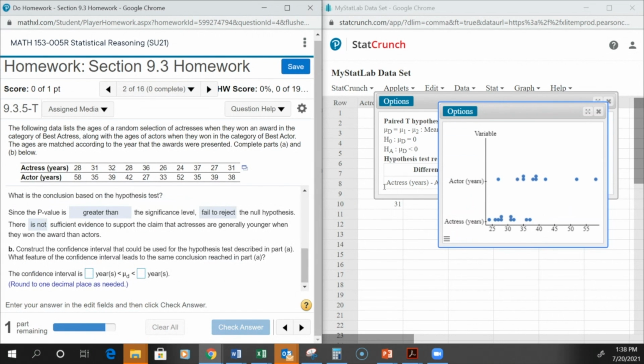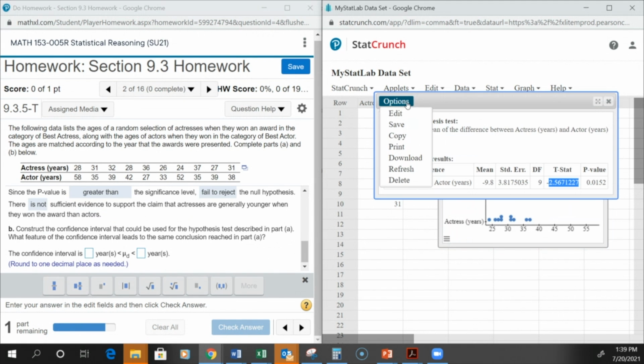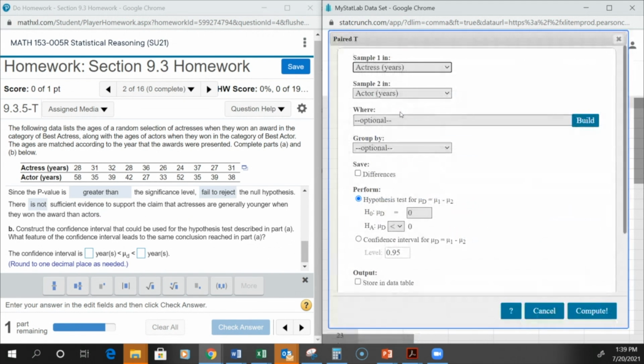Let's do it with a confidence interval instead, and you'll get exactly the same result. What will the result be? Since we failed to reject, the confidence interval will include 0. So we're expecting this one to be negative and this one to be positive. We go back up here. We've already set everything up so we can go to options and edit and get a confidence interval.